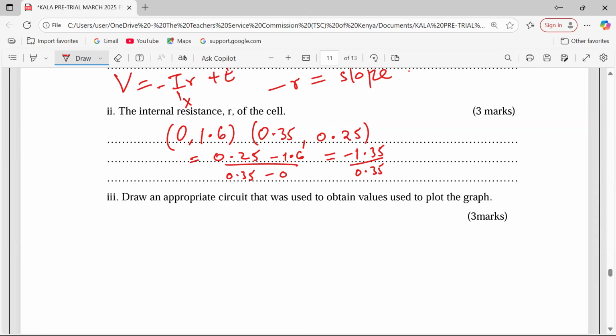When we divide by 0.35, we get negative 3.857. So negative R equals negative 3.857. So what will be R? We divide through by the negative.